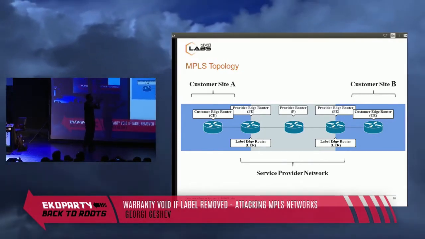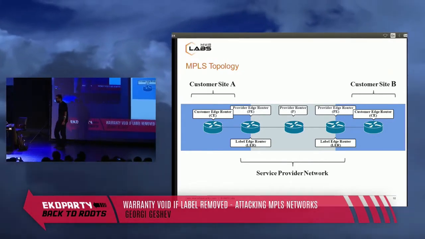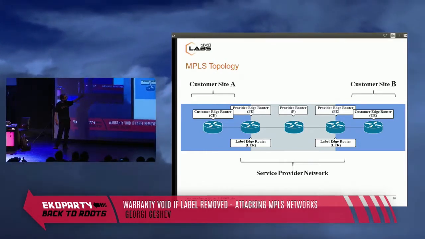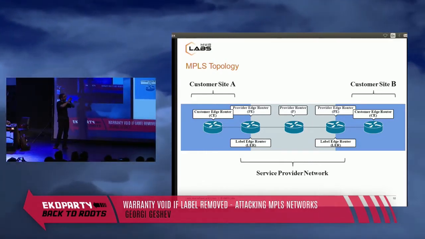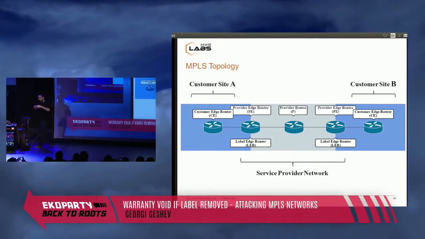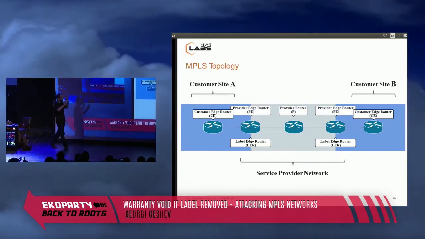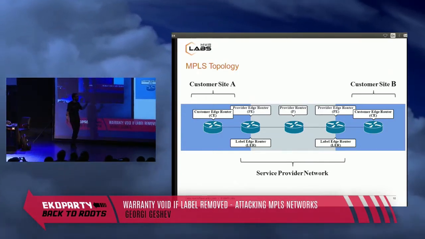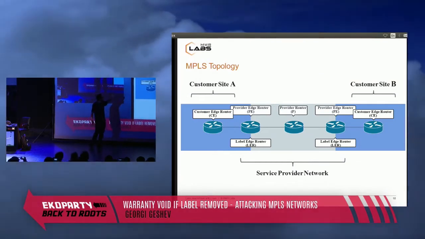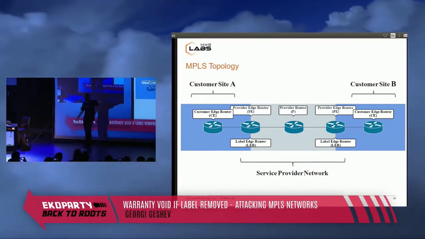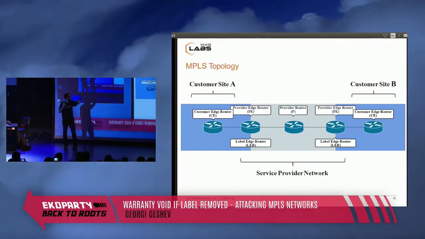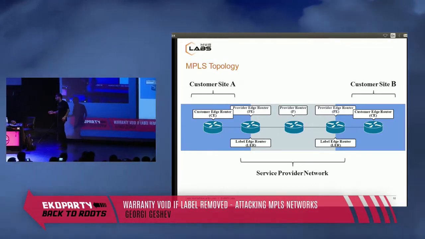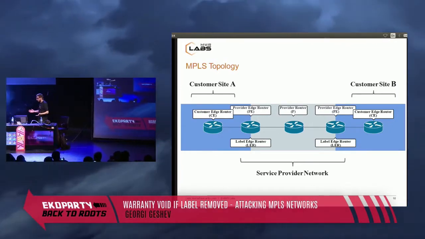And on the other side, you have exactly the same scheme. So customer side A and customer side B should take this MPLS network as a transparent thing. Basically, when you send traffic from customer side A to customer side B, you shouldn't care about the MPLS configuration of the service provider network. It should be fully transparent.